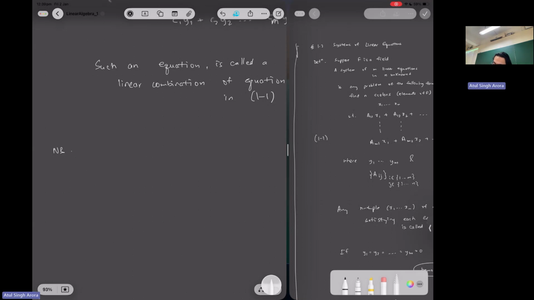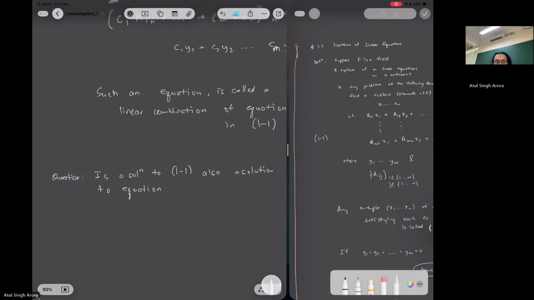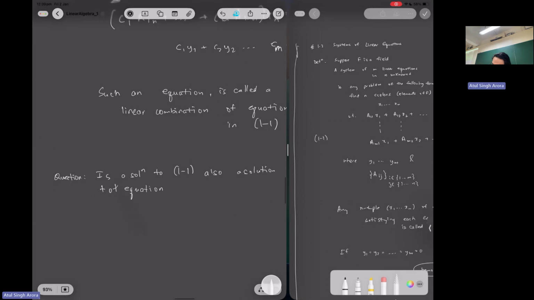So here's a quick question for you. Is a solution to (1) also a solution to the equation above?